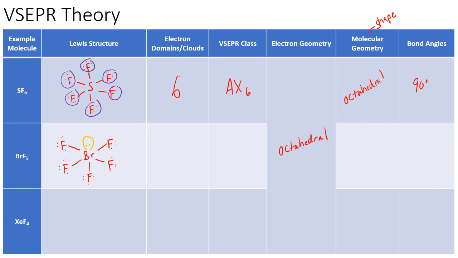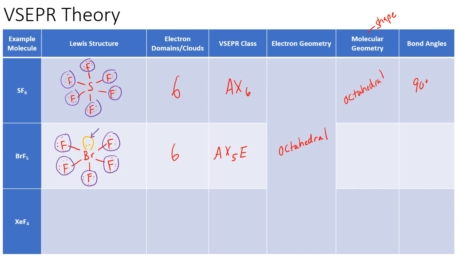So our electron domains for this family, we have 1, 2, 3, 4, 5 bonding, and then 1 lone pair, so 1 non-bonding, total of 6 electron domains. How we represent molecules that fall into this VSEPR class is AX5E1 or AX5E.